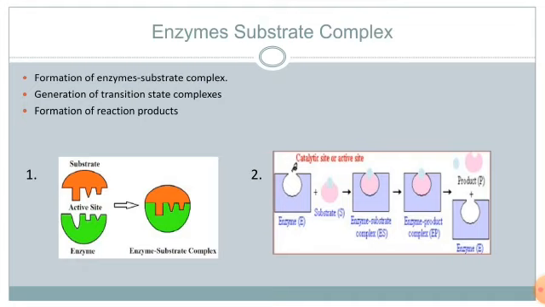The prime requirement for enzyme catalysis is that the substrate must combine with the enzyme at the active site to form the enzyme substrate complex, which ultimately results in the product formation. See in the diagram: first, the enzyme active site, and substrate molecules bind, forming the enzyme substrate complex.